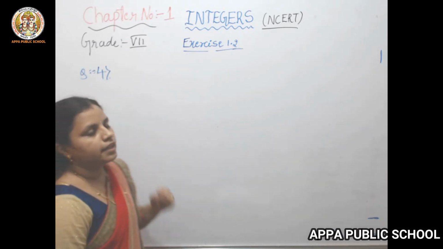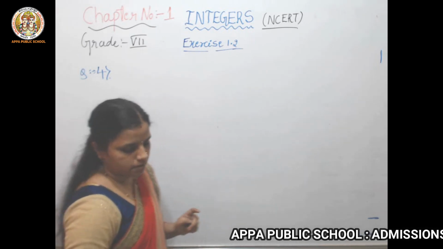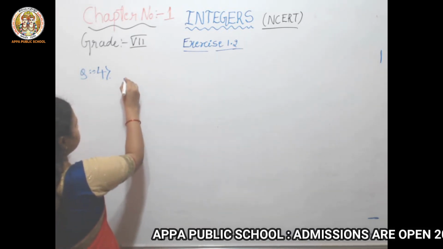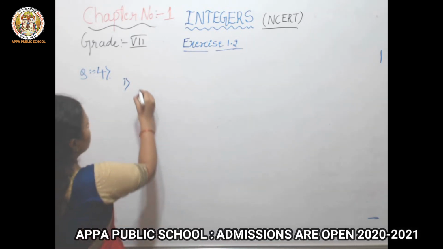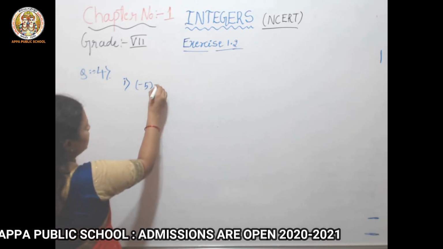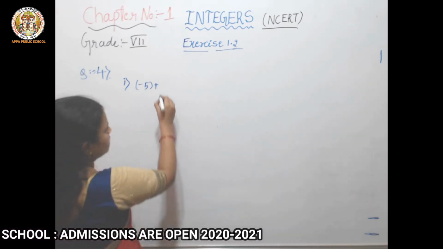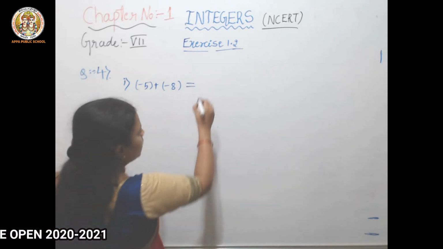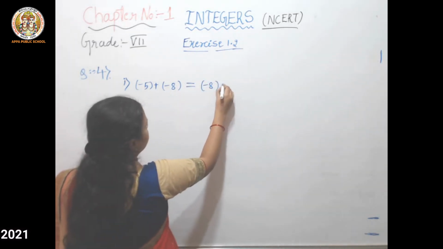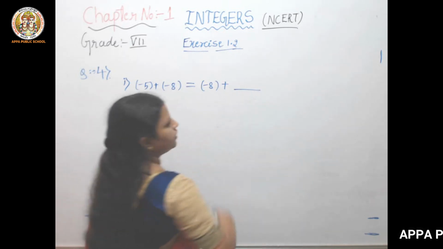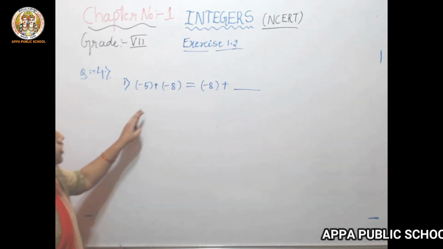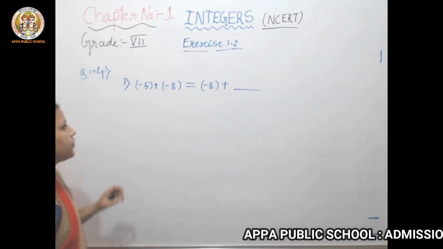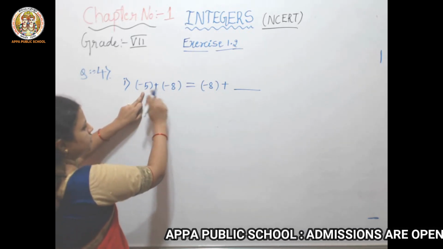That is headed filling the blanks. The first one: minus 5 plus minus 8 is equal to minus 8 plus a blank. See here, which number do we have to write? Minus 5 plus 8, it is the first.